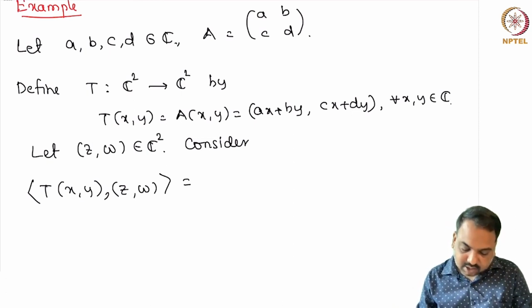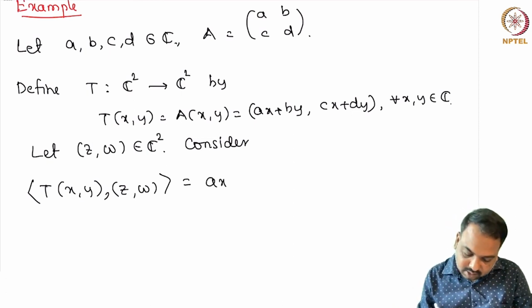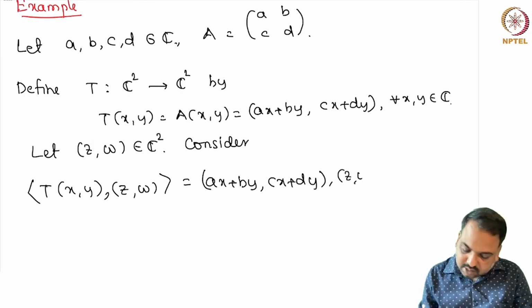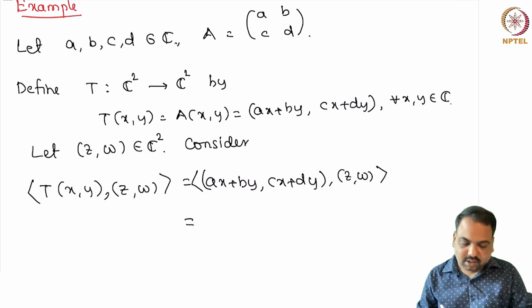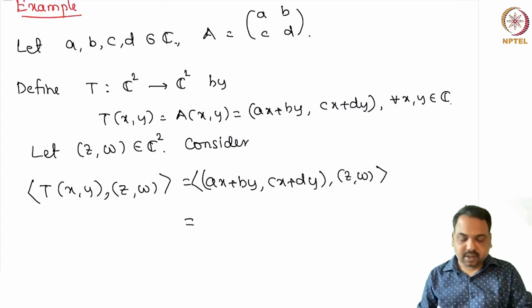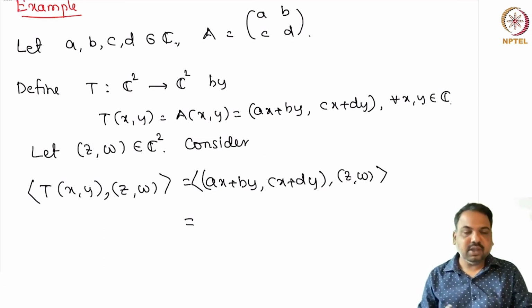T(x, y) is (ax plus by, cx plus dy), and both sides we are looking at C2 only, so we don't have to write subscripts for the inner product.